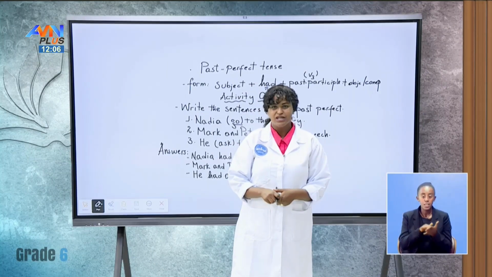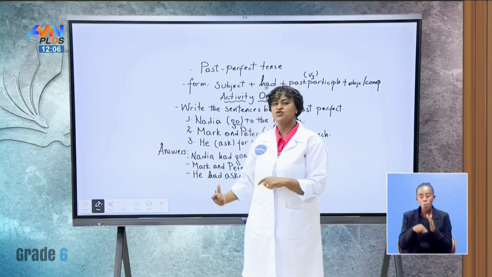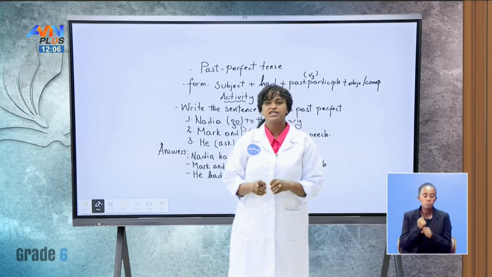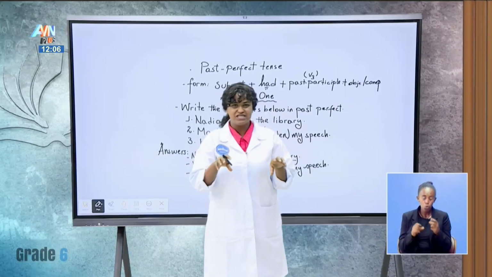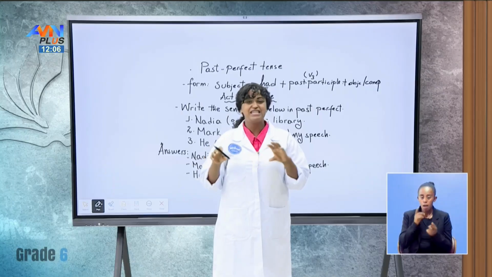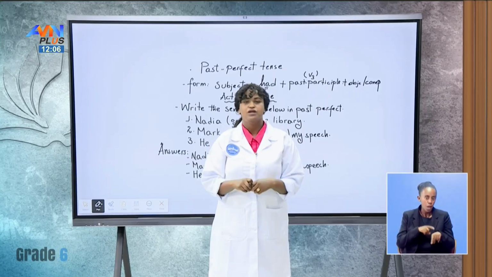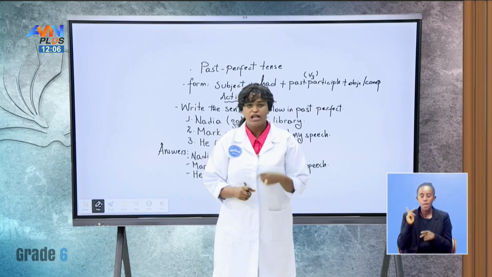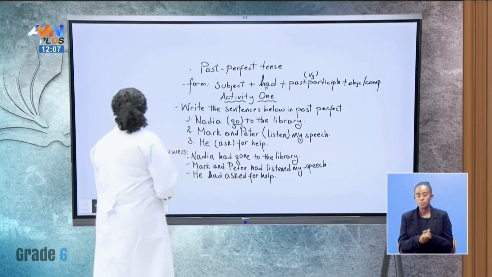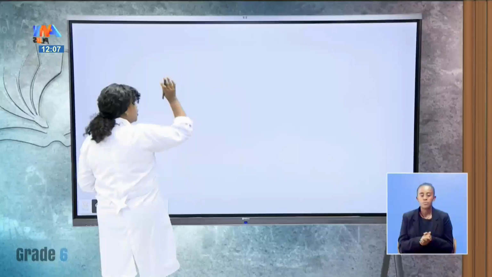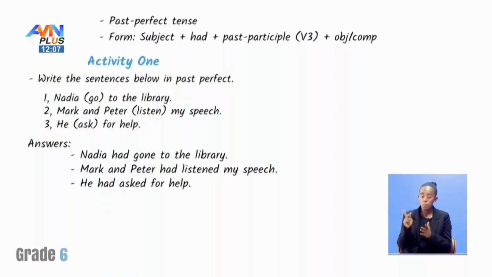Just like what we were doing using the timeline, in order to show two activities that happen in the past at different times, we use past perfect. Let me show you that. All are in the past. Now look, past actions.